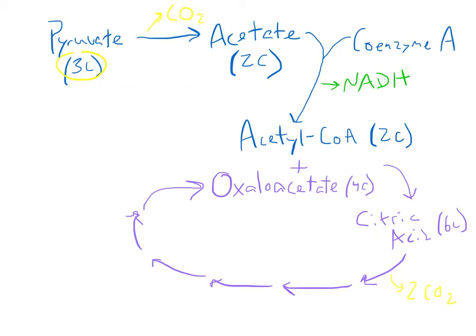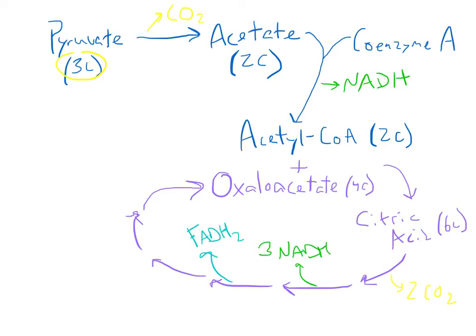Now also in this cyclic portion of the Krebs cycle, you are going to be able to create 3 more NADH. So let's see, I'm going to draw them like this. So we got 3 NADH that come off of there. Okay, as well as 1 FADH2, which was just that other electron carrier that's ultimately doing the same job as NADH.